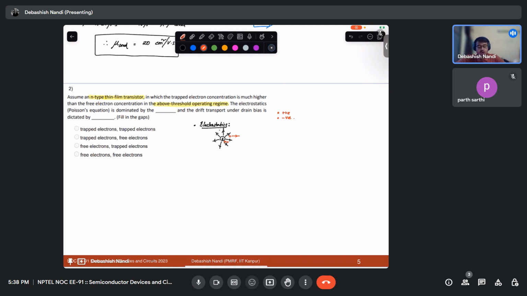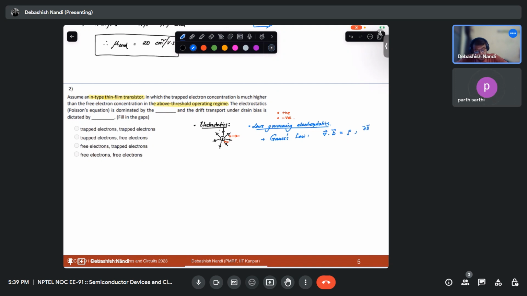So what are the laws governing electrostatics? Any idea? Gauss's law, first one is absolutely right. And what is that? That is del dot D is equal to rho. You are comfortable with this notation?